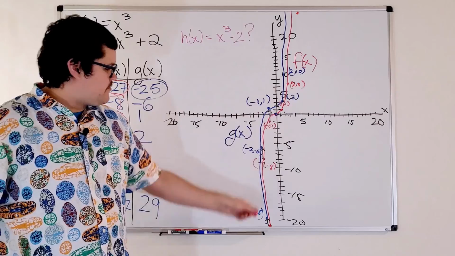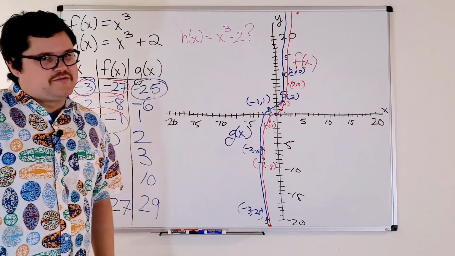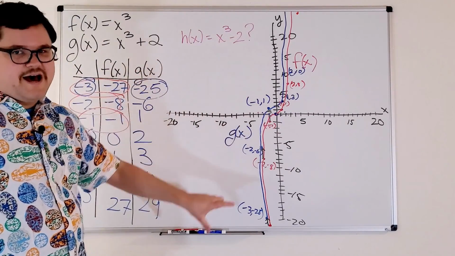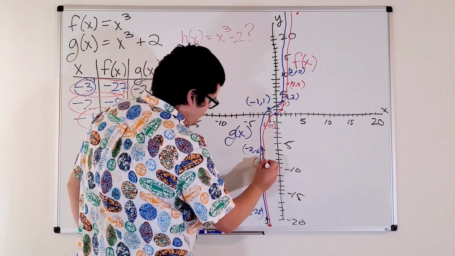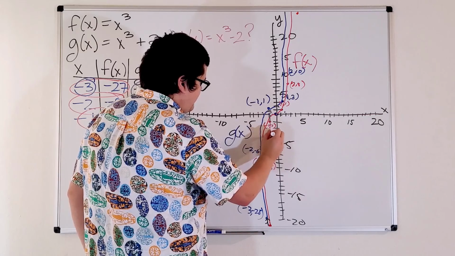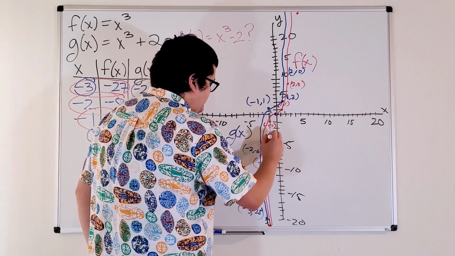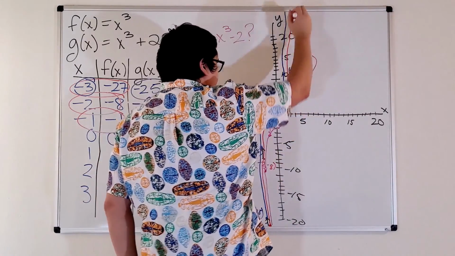That means I take the original graph, the red graph, sometimes we say parent function, and I shift it down by 2. So I would take every single point on the graph and shift it down by 2. And then I would connect the dots, and I would get a graph. Something like that.